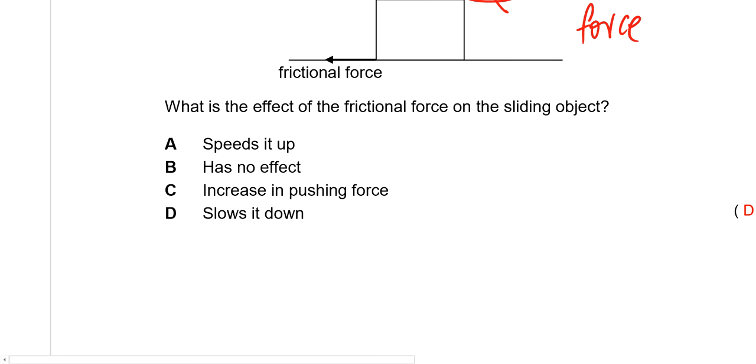One. There's only one. What is that horizontal force called? Frictional force. So, what is the resultant force? It is the frictional force. The resultant force is the frictional force. Okay?